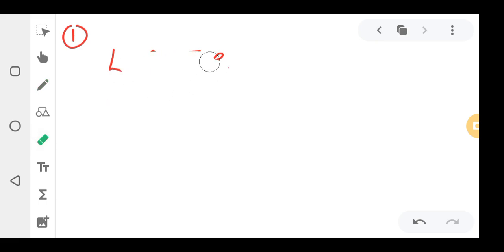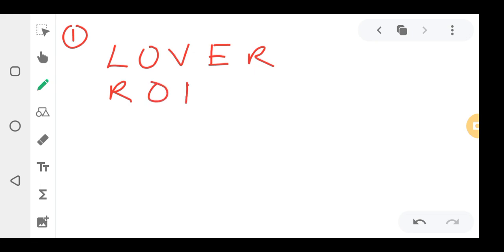Let me write them in order so that it's easy for you to see. Lava, or VER, then rubber.